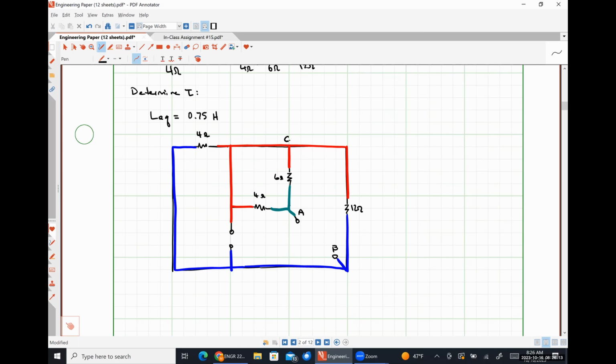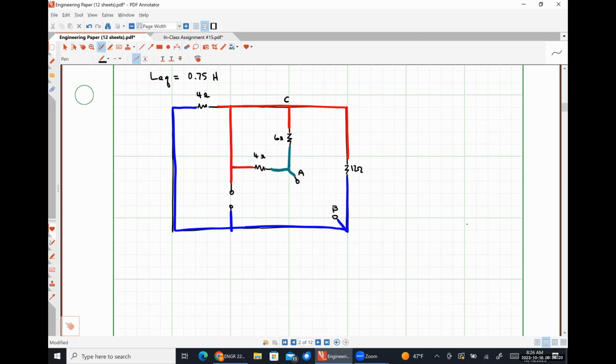And I'm trying to find the resistance seen between A and B because those are the terminals where my inductor was before I took it out. So putting A on the left-hand side of the circuit and B on the right-hand side. To go from A to literally anywhere, we have to go through C. So to go from A to C, we can go either through the 4 ohm resistor or the 6 ohm resistor.